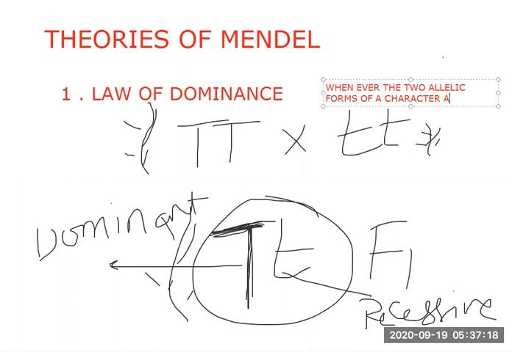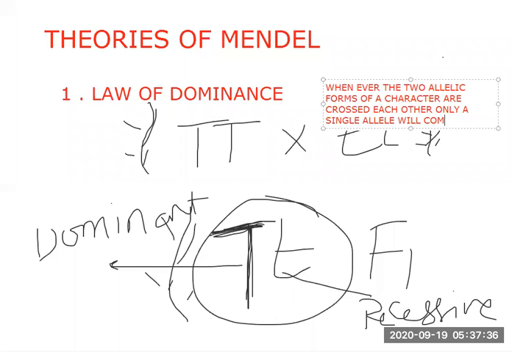Only one form will come for expression, only a single allele will come for expression.